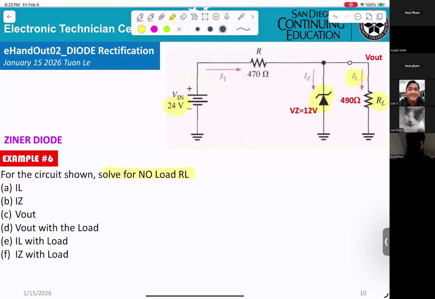Okay, so again, when we deal with the diode, you have to come up with diode on or diode off.